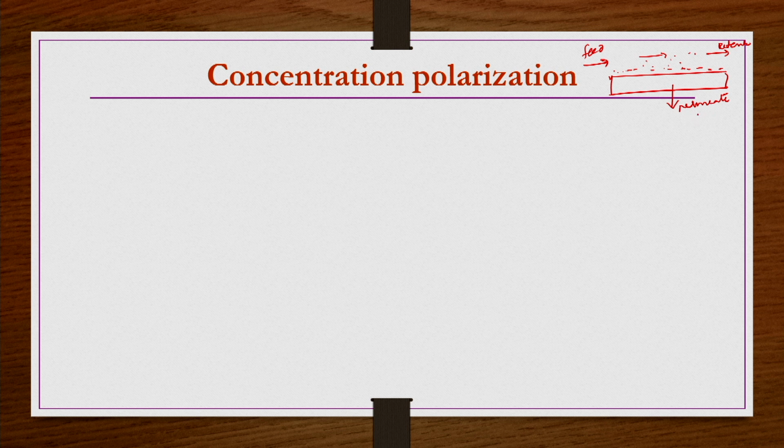This will also have some kind of solute, because 100% rejection in general is not possible. So the permeate will also have some solute particles, but a very small fraction. And the retentate is a concentrated solution, so retentate concentration would be much higher than the feed concentration.